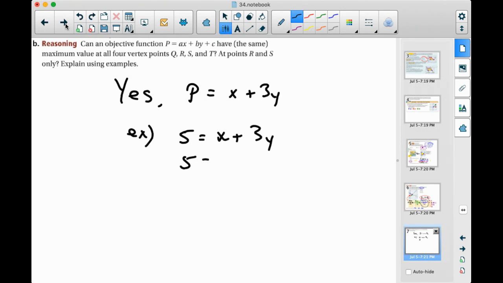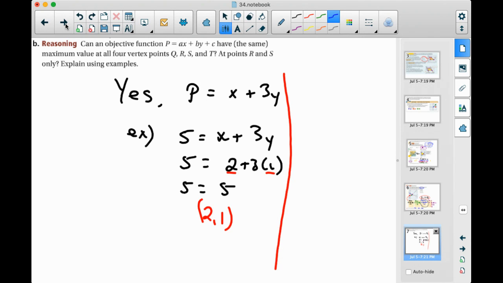So I had 5 equals 2 plus 3 times 1. So that 5 equals 5. All right, our ordered pair we put in is right here, 2, 1. Okay. Now, imagine we did 5 equals x plus 3y again, all right?